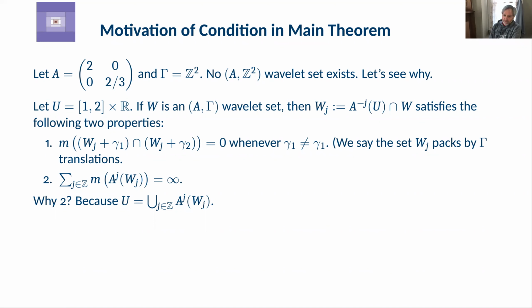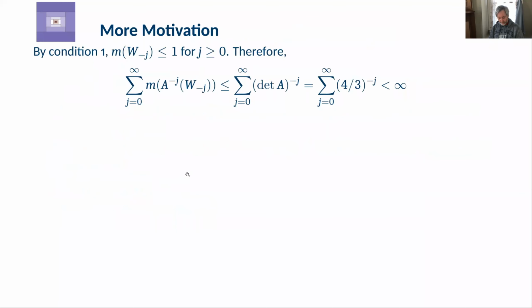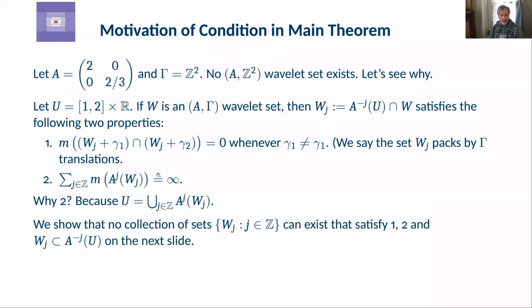So this is telling me that these W_j's have to have these two properties. This is weaker than being a wavelet set; it is just these two things. So what we're going to do is show that no collection of sets can satisfy condition 1 and condition 2 and be contained in the A to the negative j U's.